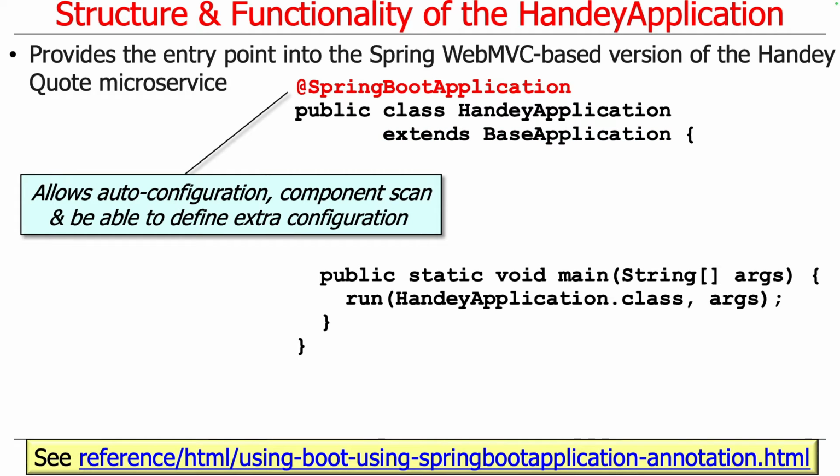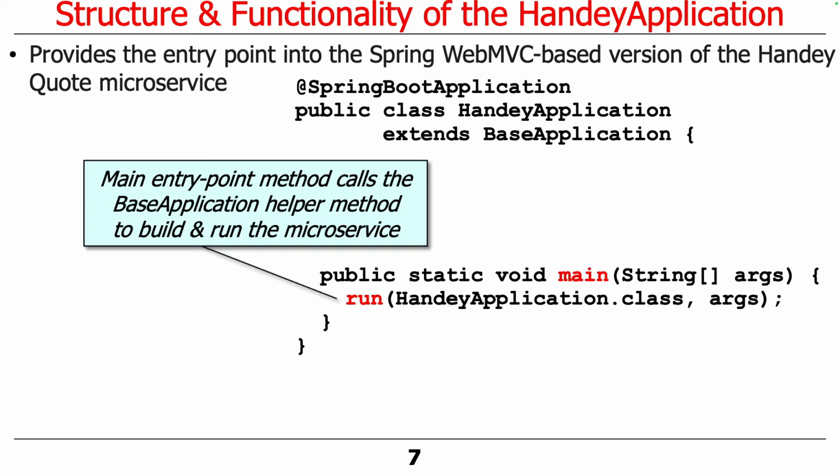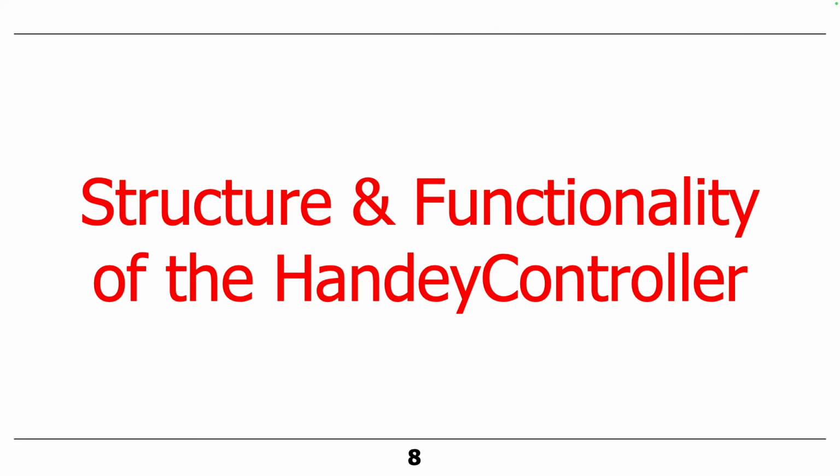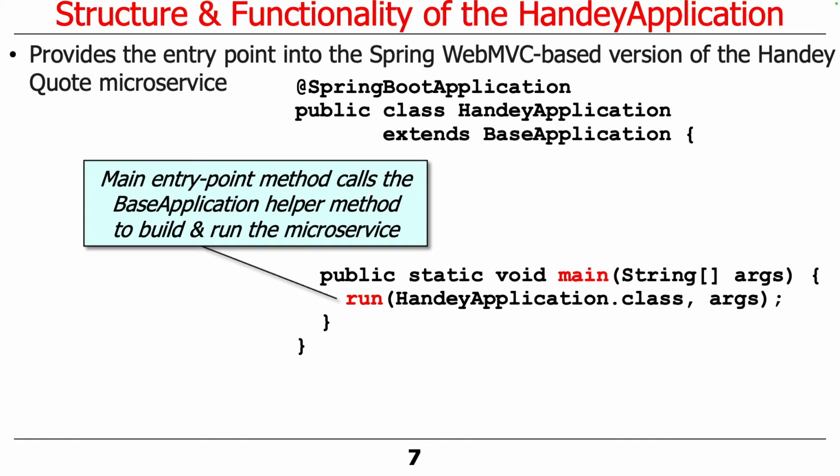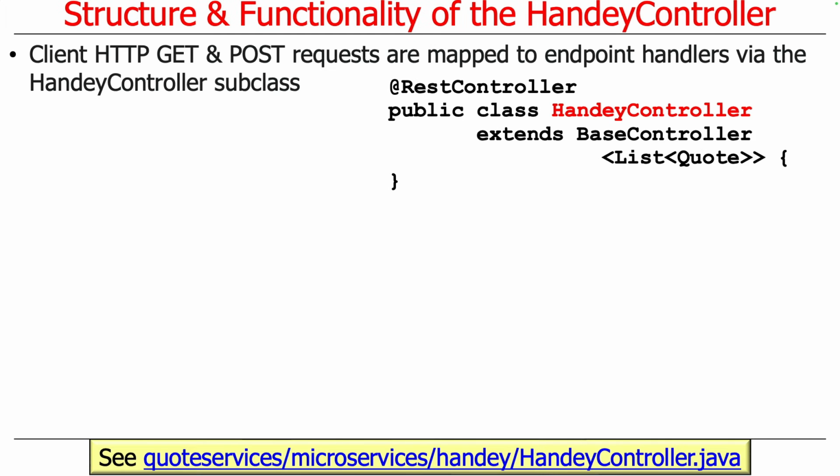We make this a Spring Boot application so it can run with all the component scanning and dependency injection and auto wiring and so on that Spring provides. And then here's the main entry point. As you can see, this calls the run method that's inherited from the base application, passing in the things it needs to do, and that will start up and run the microservice. Pretty canonical. We'll talk later about other interesting things you can do with this kind of capability.